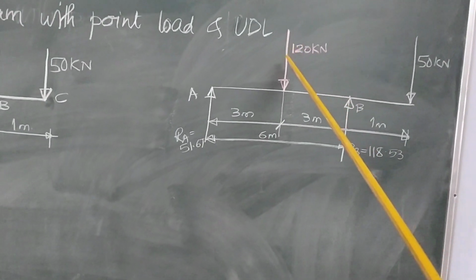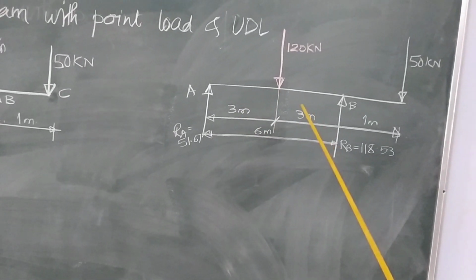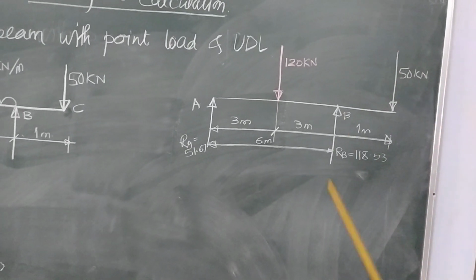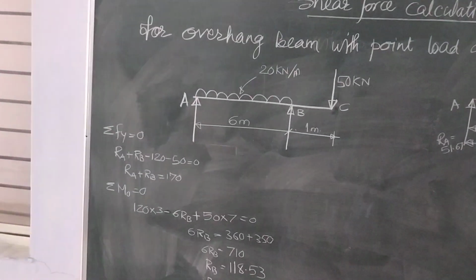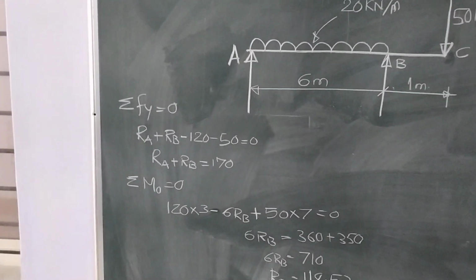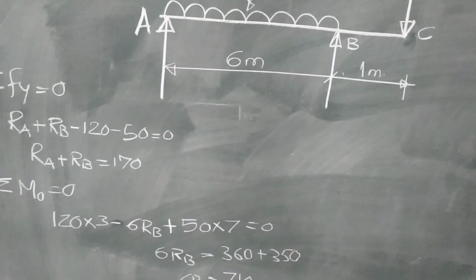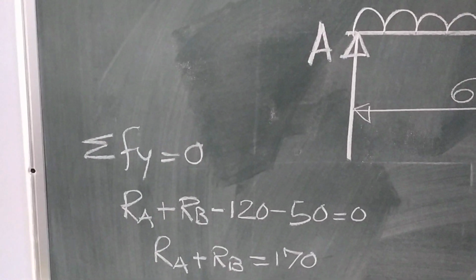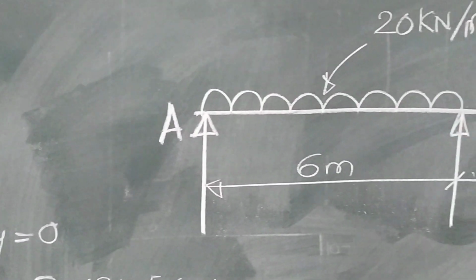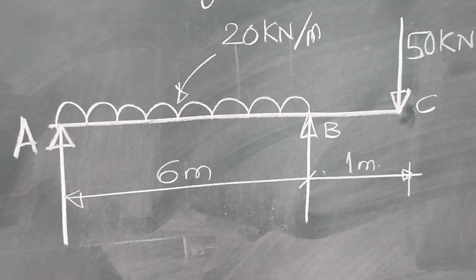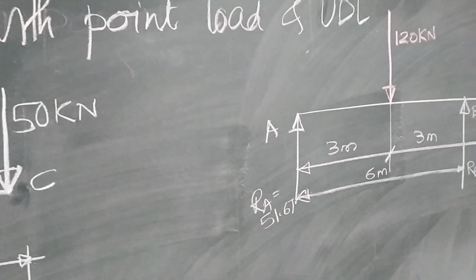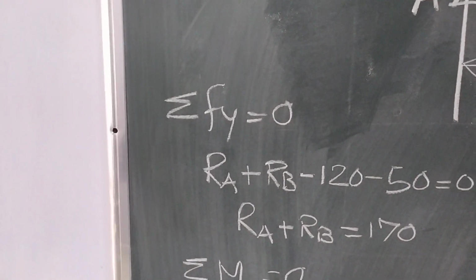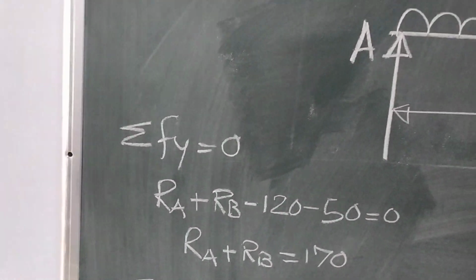This is the equivalent point load for the UDL, 3 meter and 3 meter, the midpoint of 6 meter, and this is 50 kilonewton. Now let us find the support reactions using our equilibrium conditions. Applying sigma Fy equal to 0: Ra plus Rb, because both are upward loads, minus 120 minus 50, so Ra plus Rb is equal to 170.